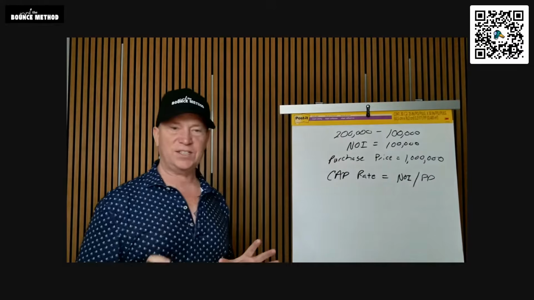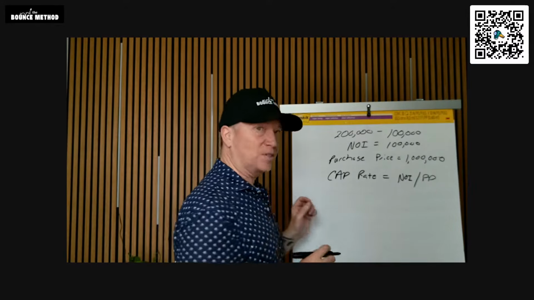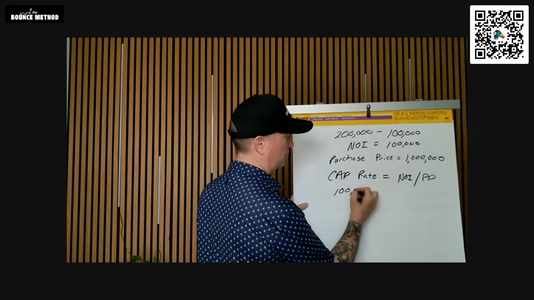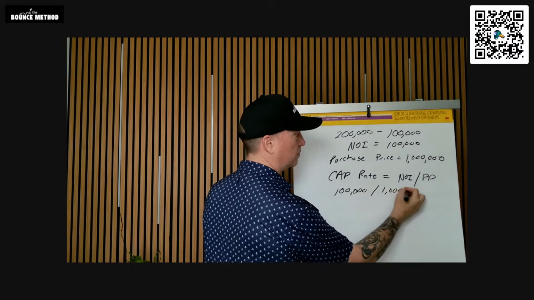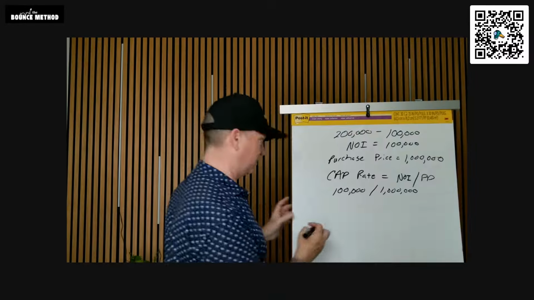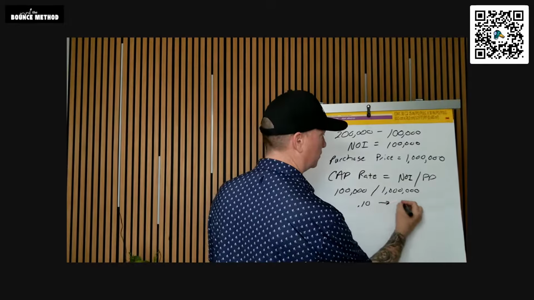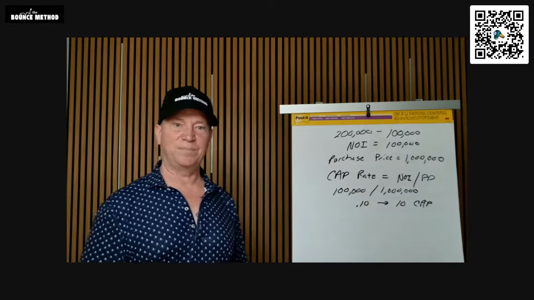So in this instance, what was our NOI? $100,000. What is our purchase price? $1 million, right? So we're getting somewhere here now. So $100,000 divided by $1 million is equal to 0.10, or a 10 cap.